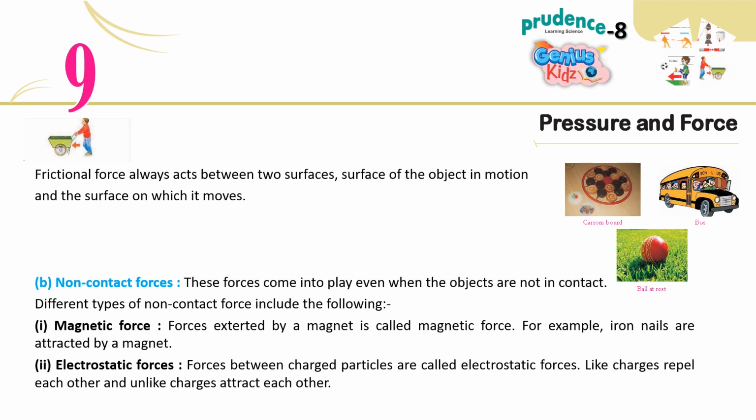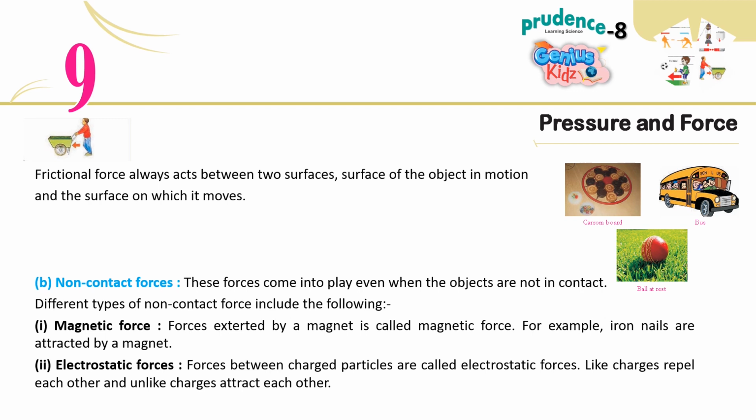B. Non-contact forces. These forces come into play even when the objects are not in contact. Different types of non-contact force include the following. 1. Magnetic force. Force exerted by a magnet is called magnetic force. For example, iron nails are attracted by a magnet. 2. Electrostatic forces.